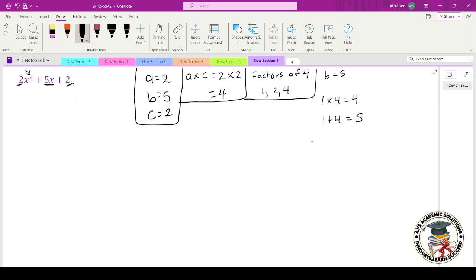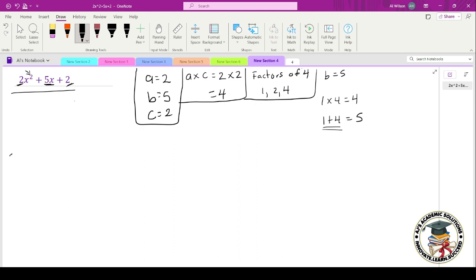With this being established, we can now move ahead and write this expression where we use 1 and 4 to give us our 5x. Remember, these two numbers that you have identified need to have the variable written with them. As we go into more examples, you'll see that it's not always going to be x. There can be other letters there as well.